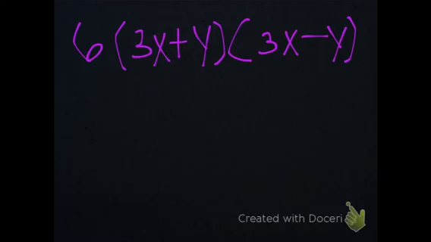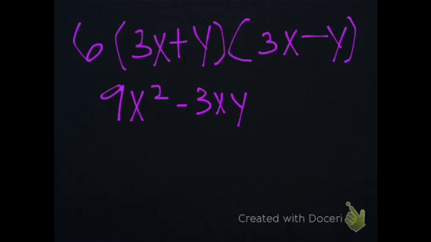So what I would do is don't multiply it by 6 yet. So we're going to do 3x times 3x, which is 9x squared. 3x times negative y is negative 3xy.